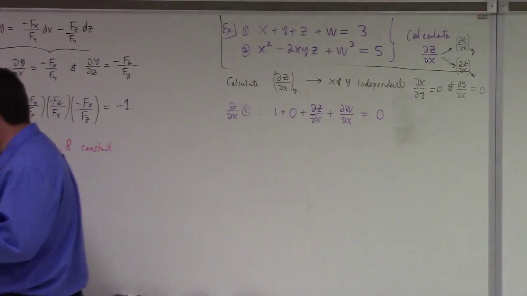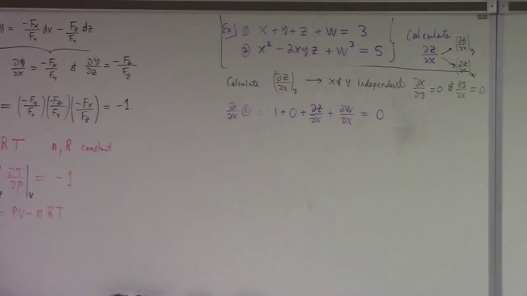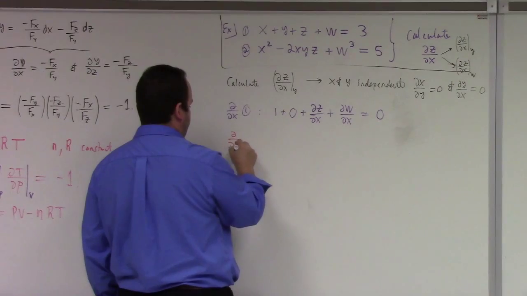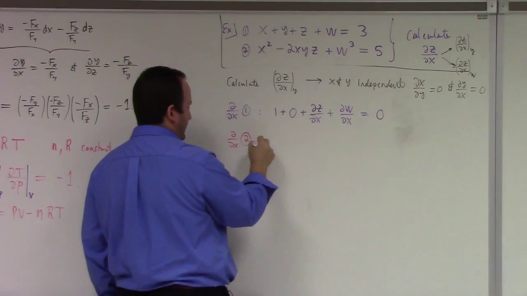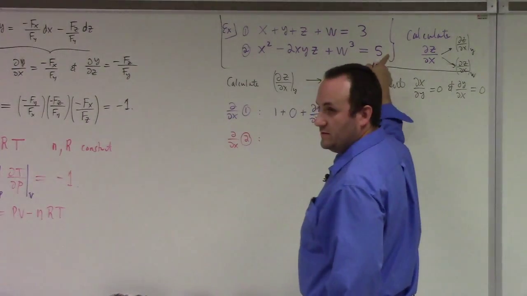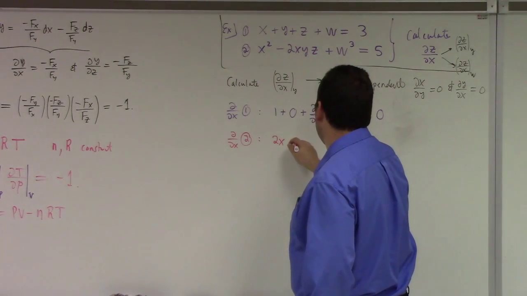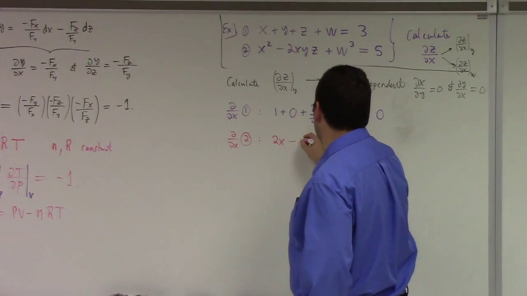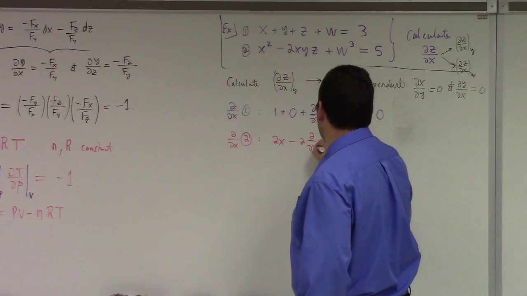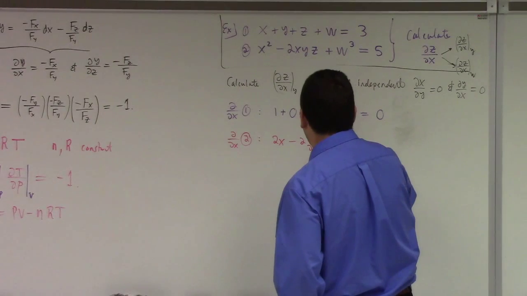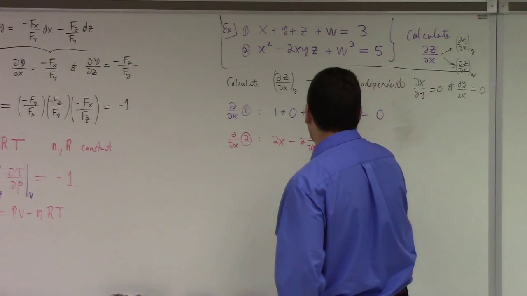And then what do I do? I calculate the partial derivative of 2 and see what that tells me. So the partial derivative of 2 with respect to x gives me 2x minus 2 partial x of the expression xyz. Well, y is a constant, so I can pull the y out.